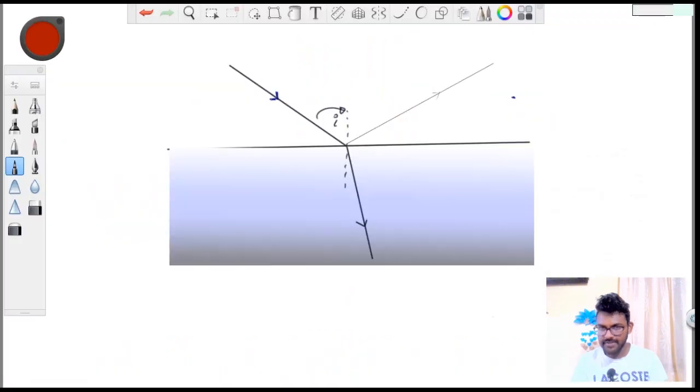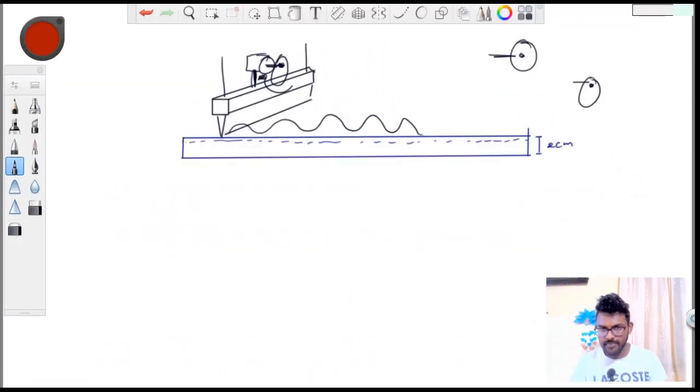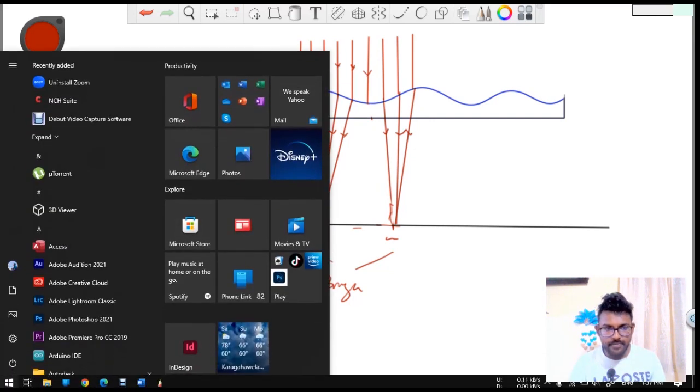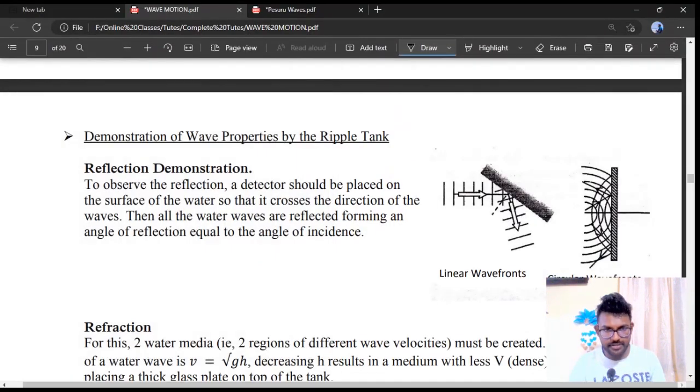If I see it from this cross section like this, I can have a wall here. Then what will happen? I can place something like this. Then it will hit this wall and get reflected back, that you can see in a ripple tank.